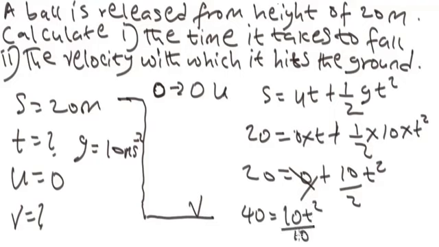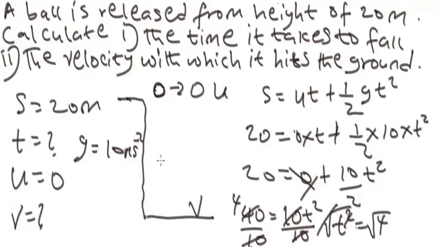Divide both sides by 10, and we have t squared equals 4. To make t the subject of the formula, take the square root of both sides. The square root of 4 is 2, so our time t equals 2 seconds. So this will be the time.